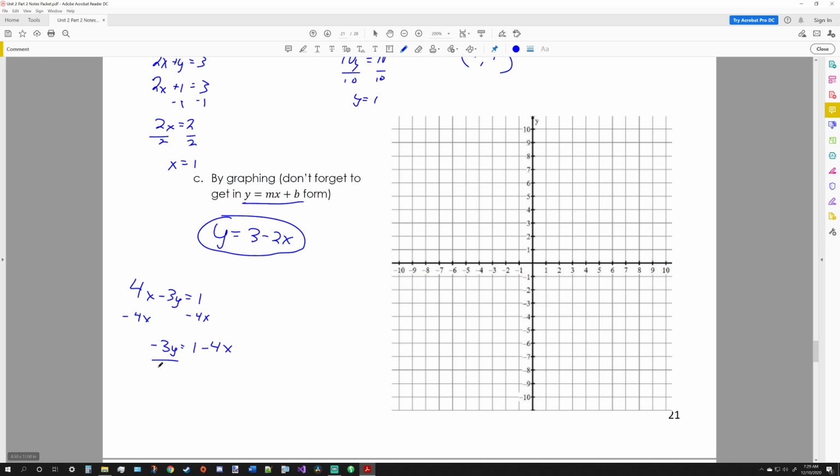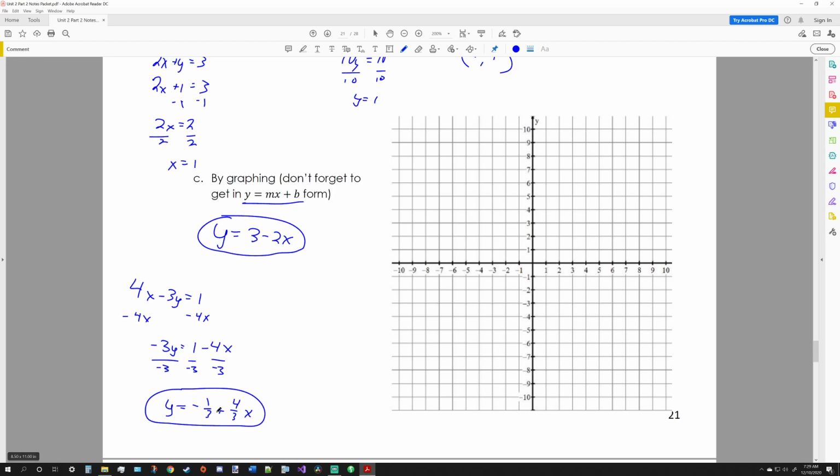Don't forget on this step you're going to divide every term here by negative 3. And so y equals negative 1/3 plus 4/3 x. So we're going to go ahead and graph that.